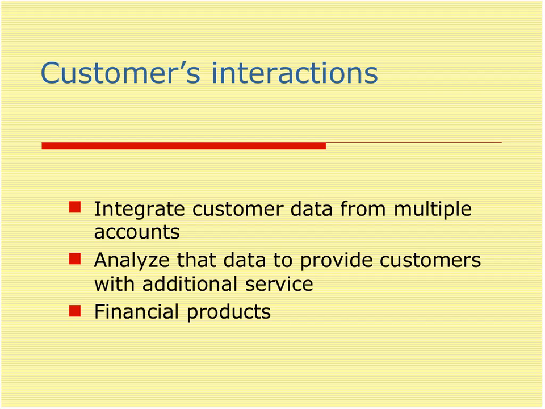To build an effective customer interaction, PNC thought that first of all they needed to improve their enterprise application software, and by doing so they wanted to achieve these three objectives: integrate customer data from multiple accounts, analyze the data to provide customers with additional services, and finally financial products.